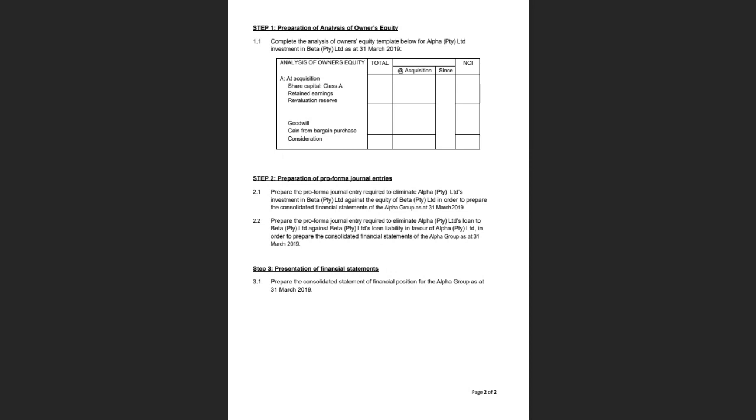Then step 3 is to prepare the consolidated statement of financial position for the Alpha Group as at 31 March 2019. So those are the questions we need to have a look at. I'm going to stop sharing the question and then put a template of the solution on, and then we can go through that together.